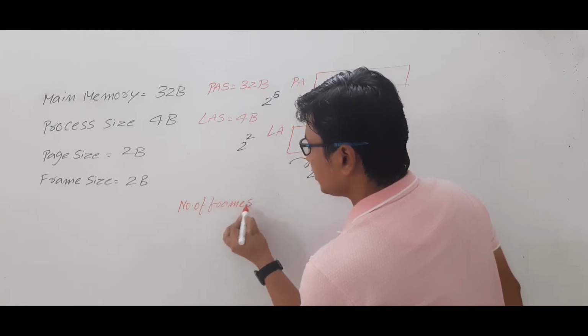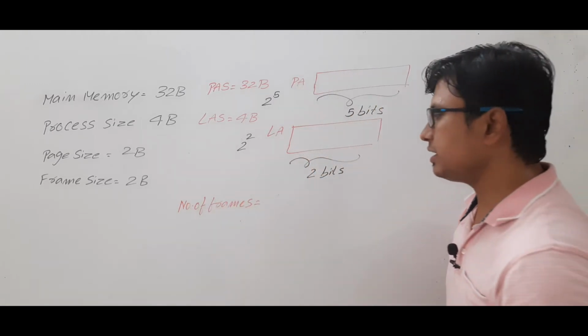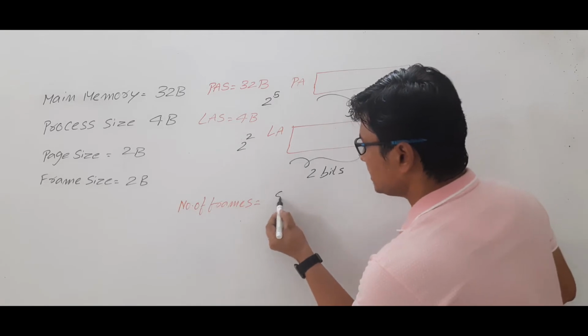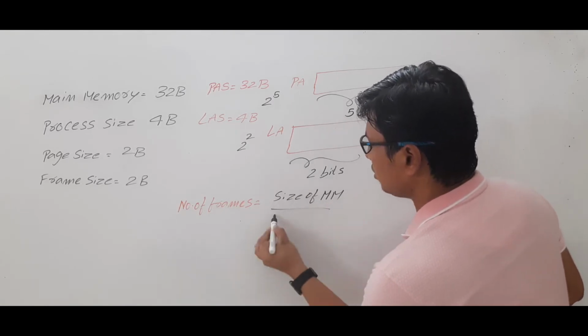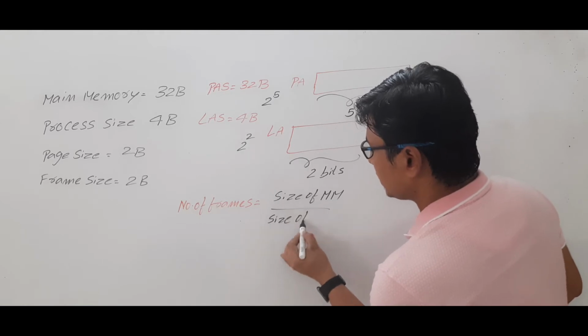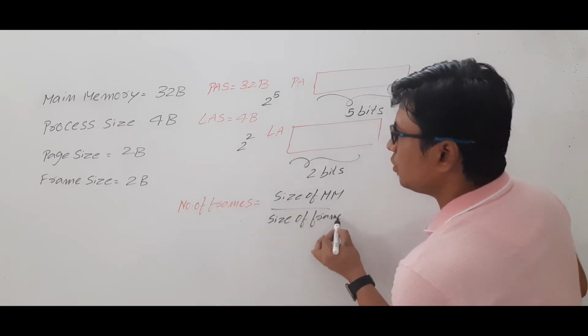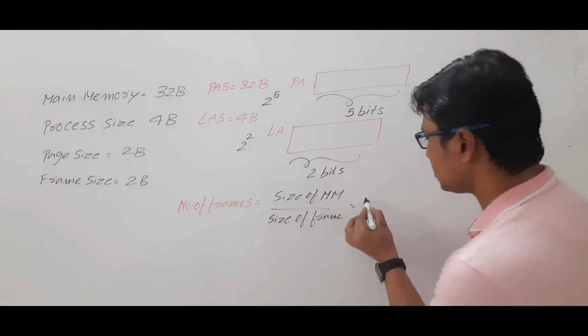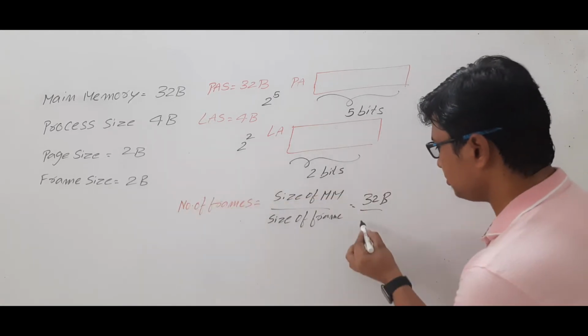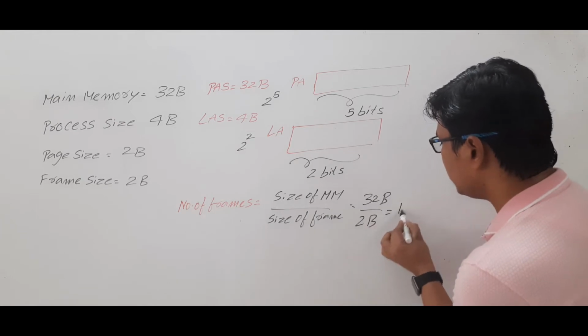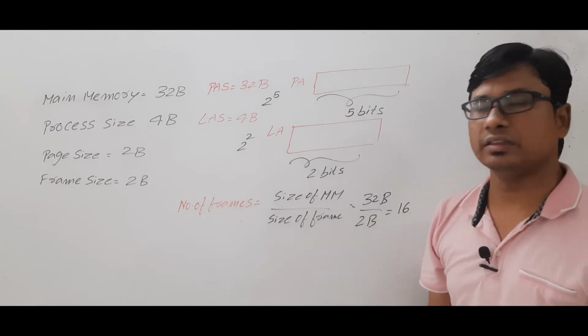The number of frames in the main memory is equal to size of main memory by size of frame. What is the size of main memory in this example? 32 bytes, and size of a frame is 2 bytes. So you will have totally 16 frames.